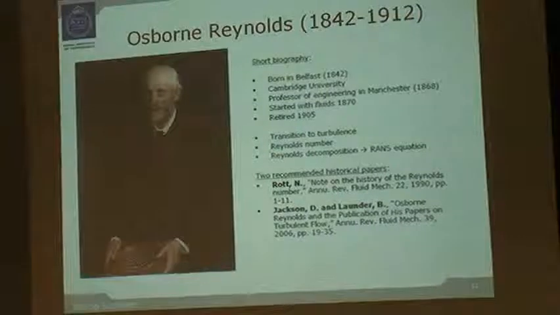This is an annual review of 1990. It's very interesting to read. And also here, another annual review paper, 2006, about the difficulties or the struggle Reynolds had in actually publishing his landmark papers. So you see their referee reports back and forth. It's kind of interesting to read how the peer review system was working.